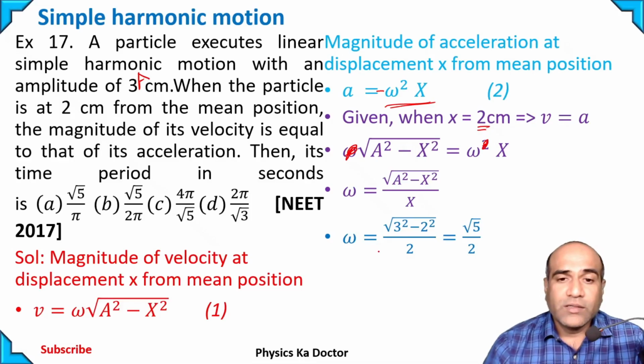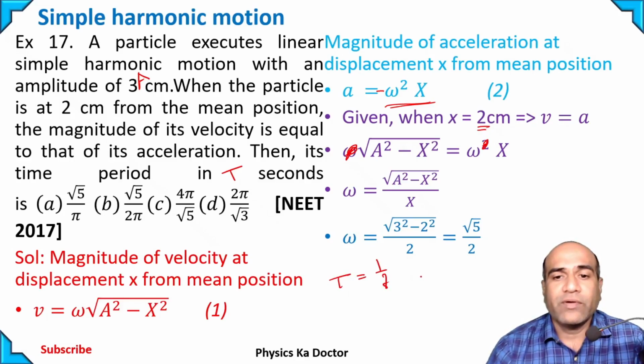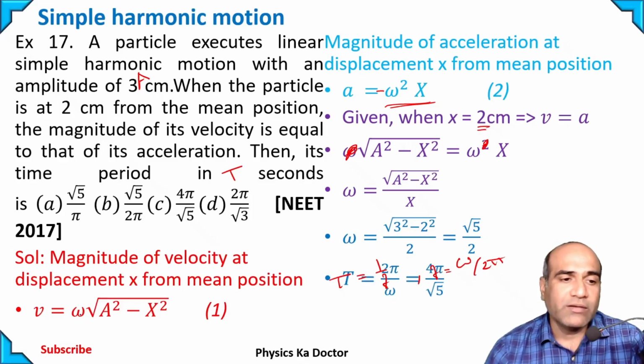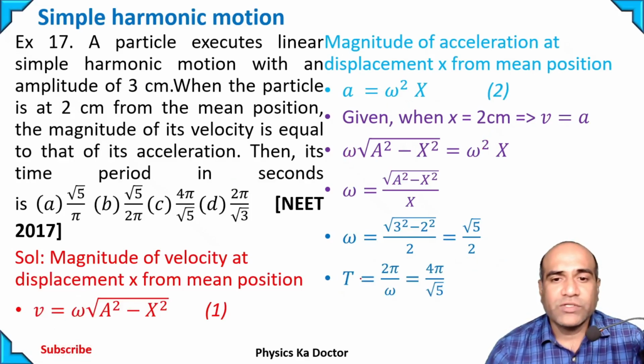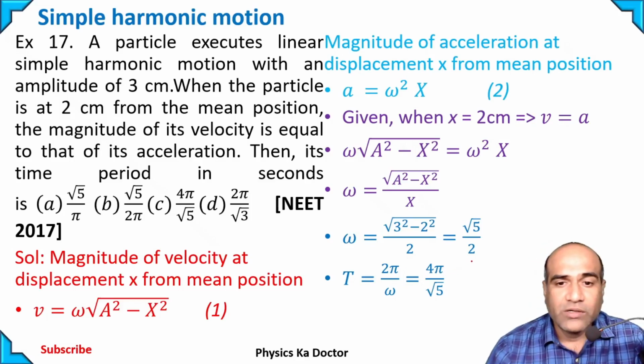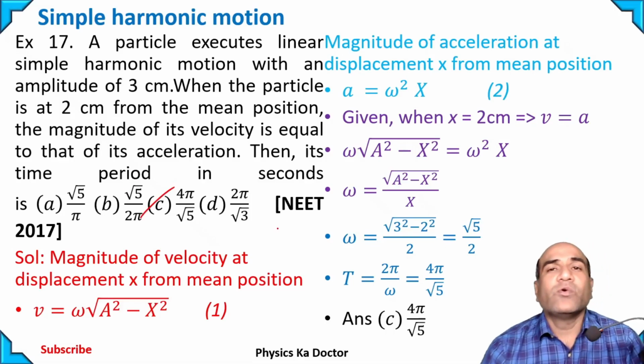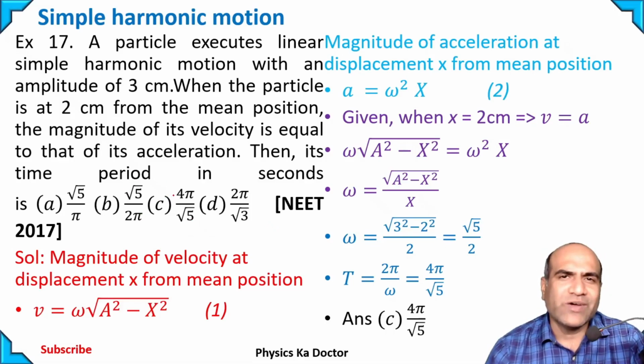Then we need the time period, that means T. T equals 2 pi over omega, since T is 1 by f and omega is 2 pi f. Let's put the values, and the answer is 4 pi by root 5. Answer is C, 4 pi by root 5. Right? It seems simple, but when you have a mixture of all the examples, you should keep your mind with you.